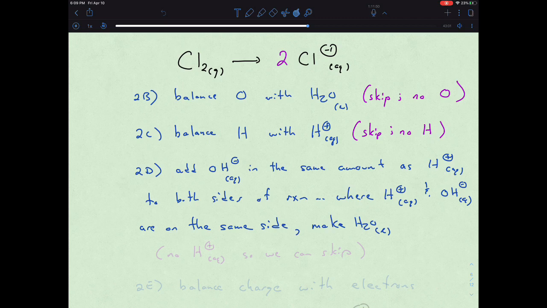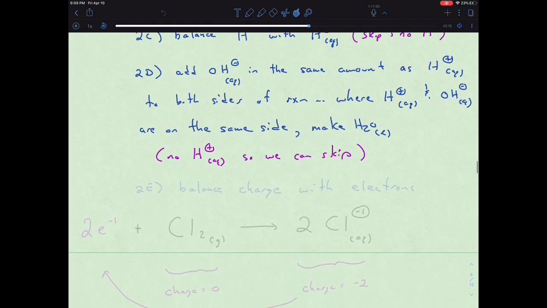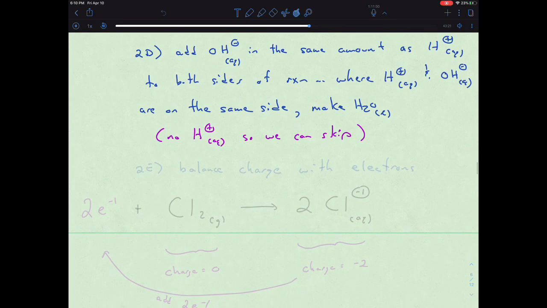But here, there are no hydrogens or no protons, so we can skip. So 2E then says we need to balance charge.